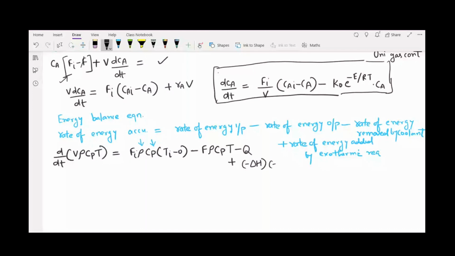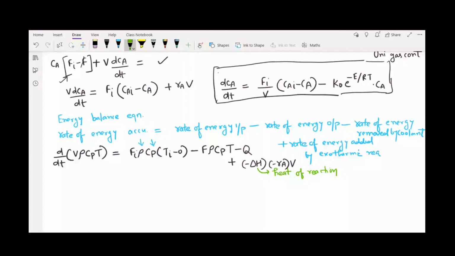So delta H here is the heat of reaction, and RA is the reaction rate, V is volume. So the rate of energy added by the exothermic reaction is minus delta H times minus RA times V.